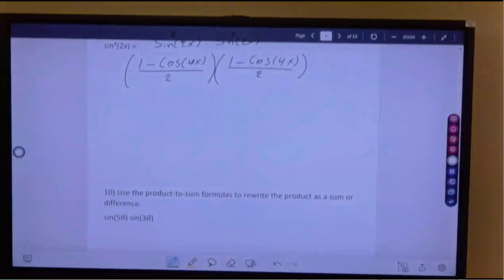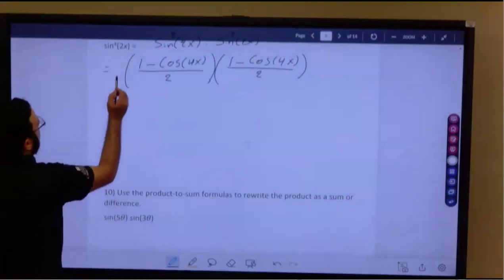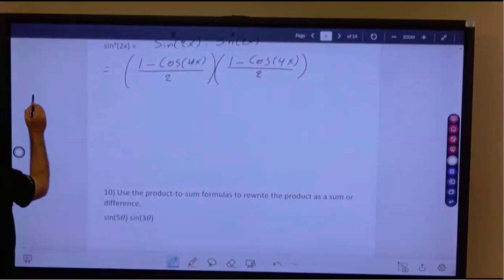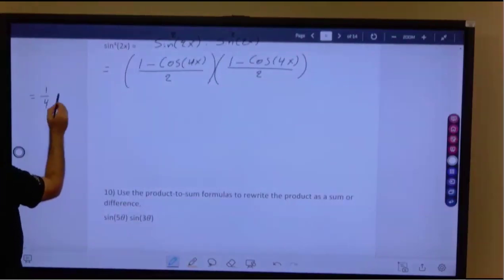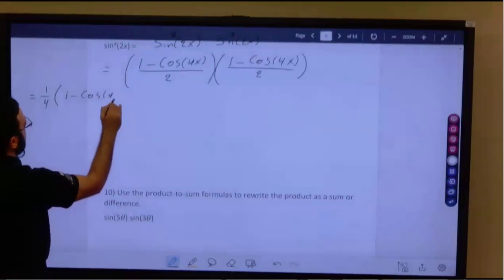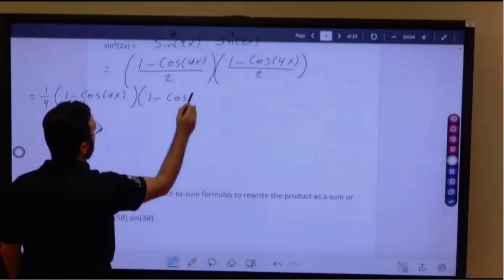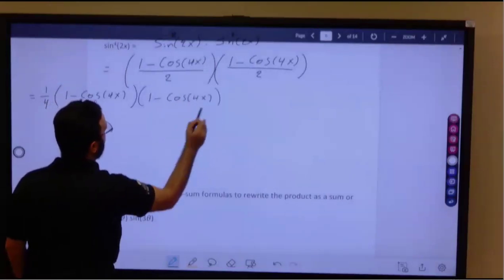You do exactly the same thing that we did in the previous example, when we had sine to the power 4 of x. 2 times 2 is going to be 4. That's going to be 1 over 4. And the left here is 1 minus cosine 4x, multiplied by 1 minus cosine 4x. And then you can distribute.